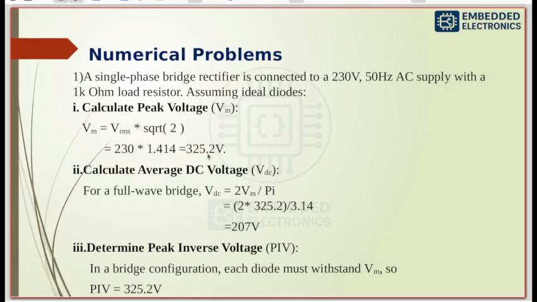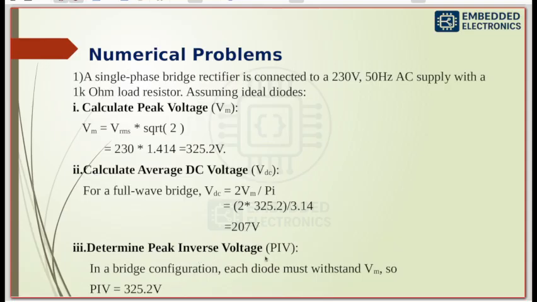So multiply, then you will get this one. To find the DC voltage, we have the formula 2Vm by pi. Substitute the value of Vm, and pi we know is 3.14, a constant value. Substitute and simplify, then you will get this answer.